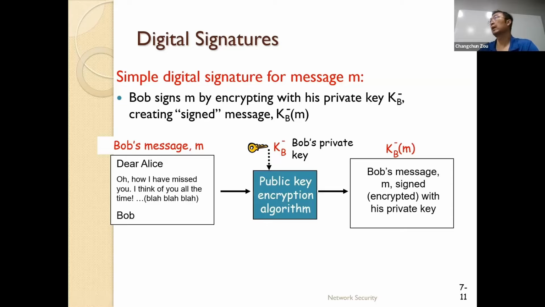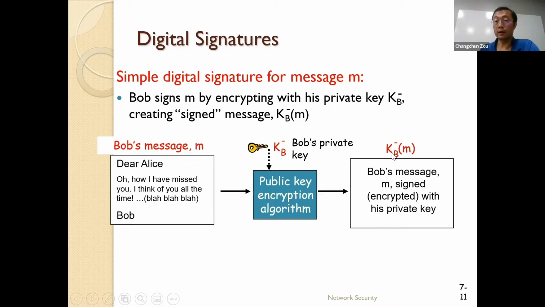We do not say this is a secret document, because this document, this ciphertext, can be easily decrypted by KB plus, which everyone knows. So it means an attacker can also do the decryption. So the message itself is not secret.